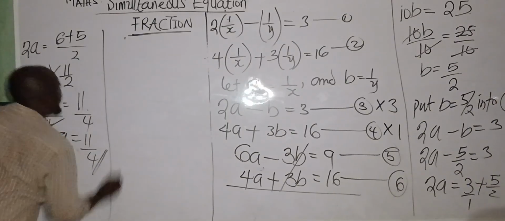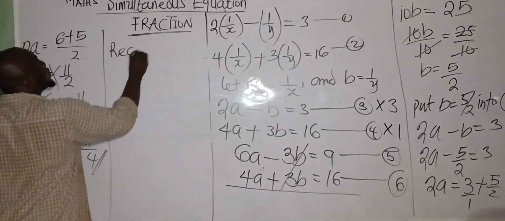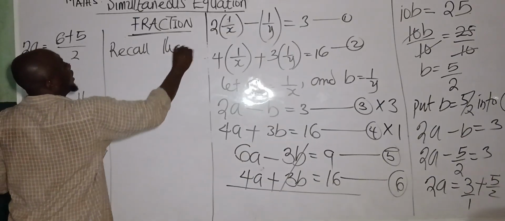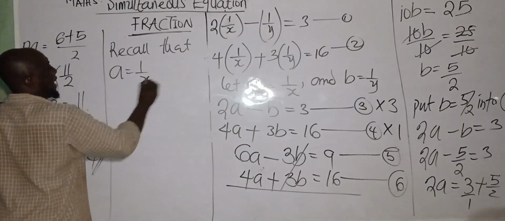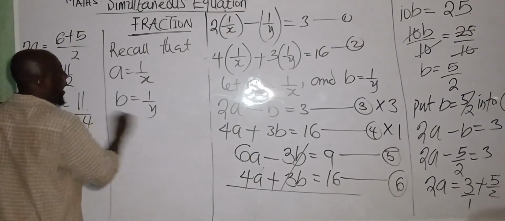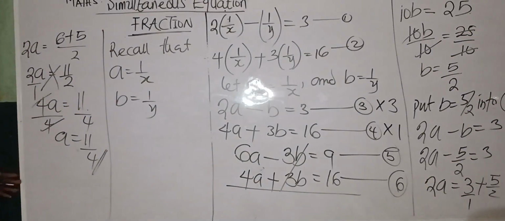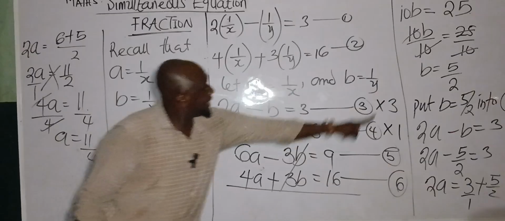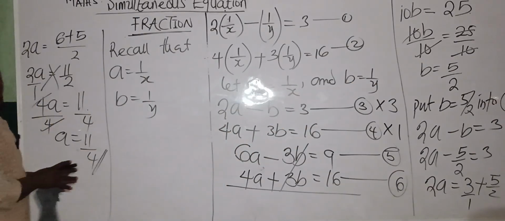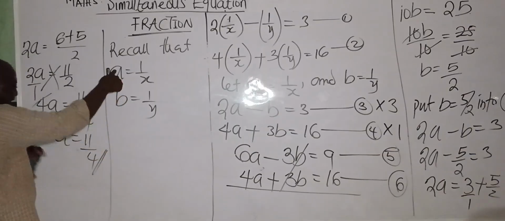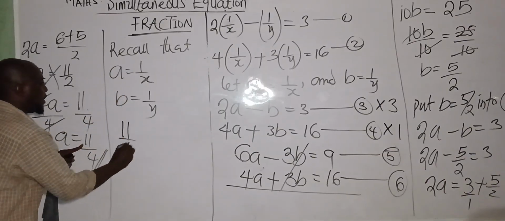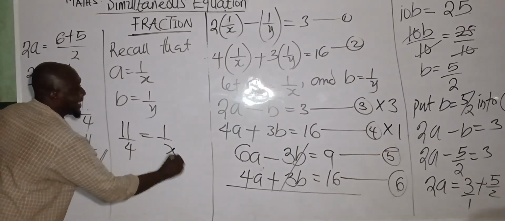From this point now, we will go back to where we said, recall that we said let a be equal to 1 over x and let b be 1 over y. So look at this a, this a is 11 over 4. This b now is 5 over 2. So let's deal with this one. If I see a now, I'll put this one. This becomes 11 over 4 equals 1 over x.